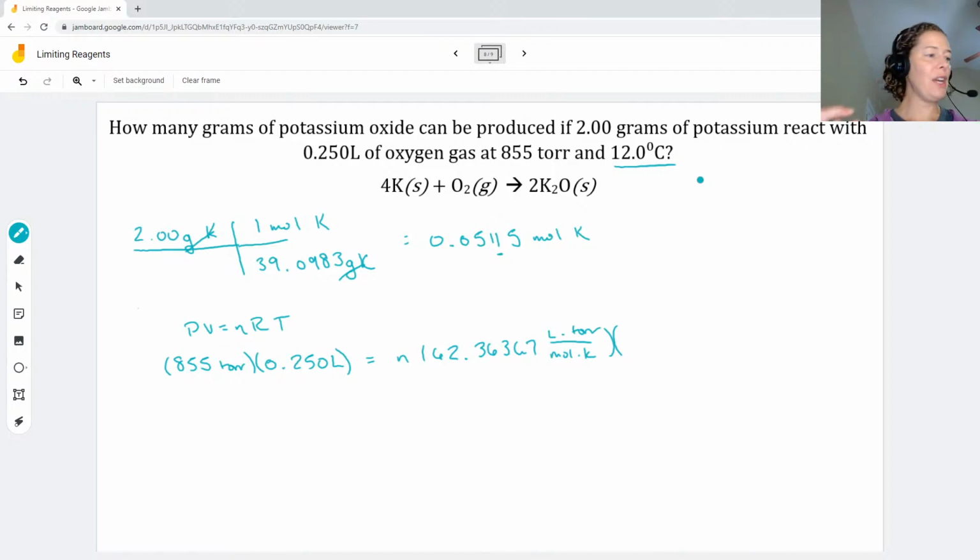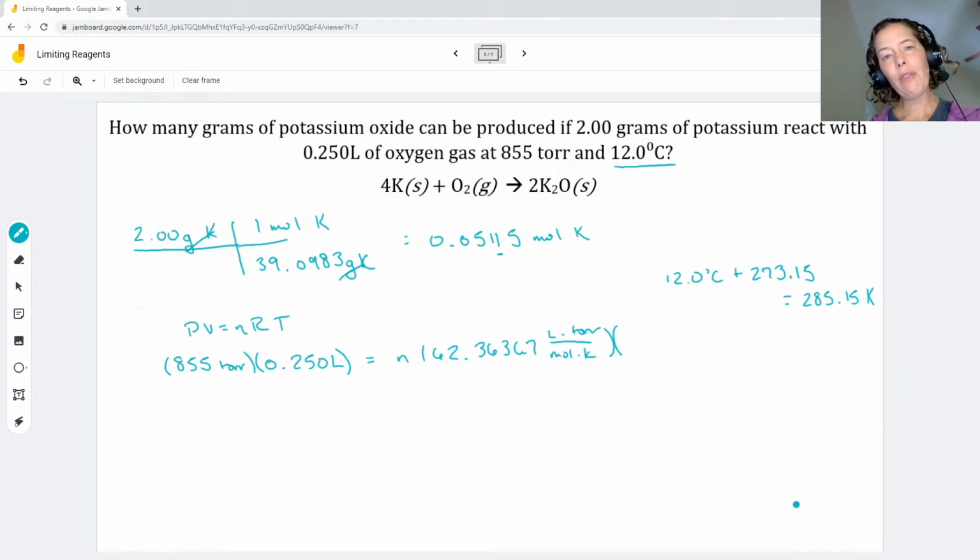Of course, that is very easily done. I am simply going to take my 12.0 degrees Celsius plus 273.15, and that is 285.15. Yes, okay, just make sure I'm reading my handwriting right.